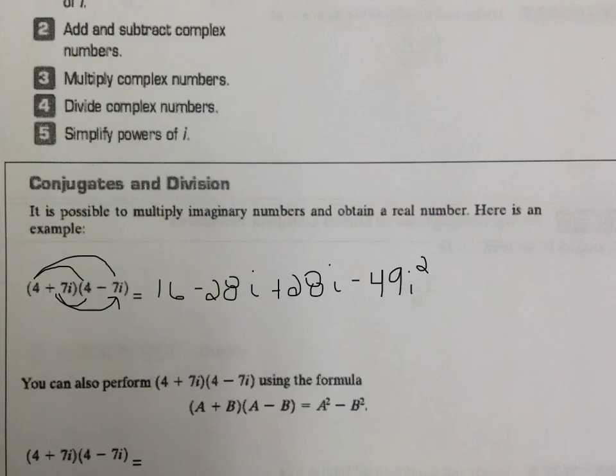And you can see the minus 28i and the plus 28i are going to cancel out, and we will have 16 minus 49i squared, and we know i squared is negative 1. And so really what we have is 16 plus 49, and that gives us the real number 65.